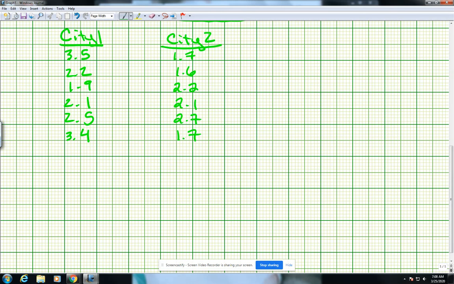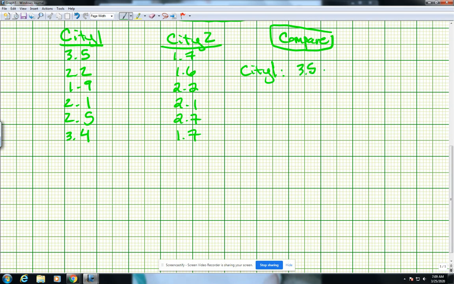And so when it asks us to compare the mean monthly rainfalls, this word compare right here, we have to find both of the means and figure out which one's greater, which one's less. So we're going to start with City 1. So for City 1, we're going to add up all of our values and then divide by how many values there are.